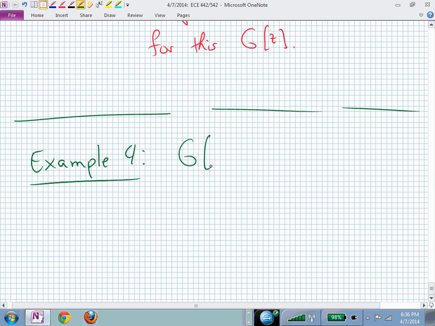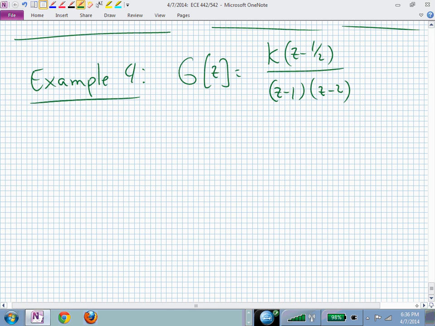Suppose somebody gives you a G(z) equaling k(z - 1/2) over (z - 1)(z - 2). Can you help me start the root locus for this?